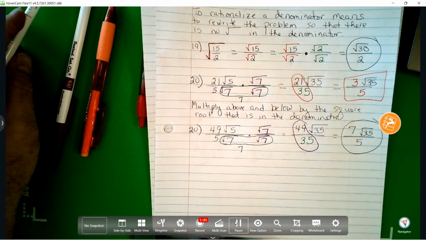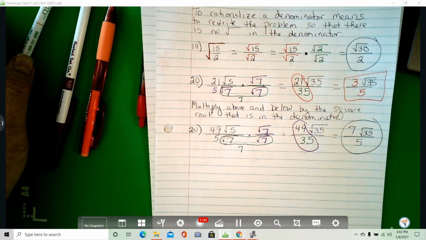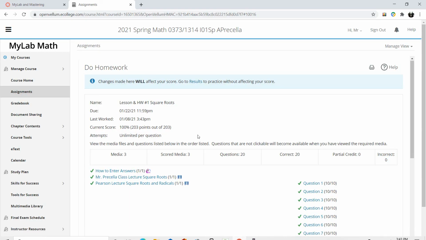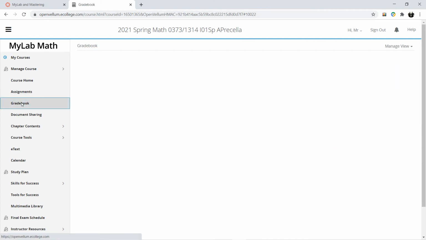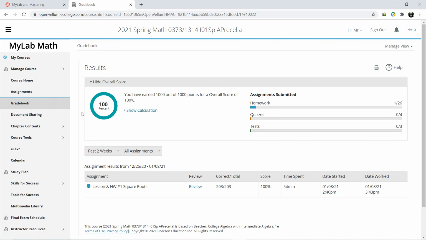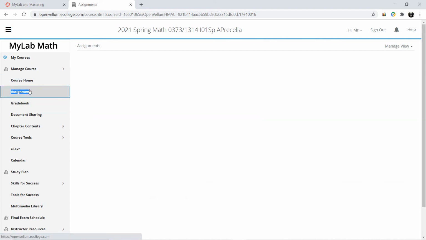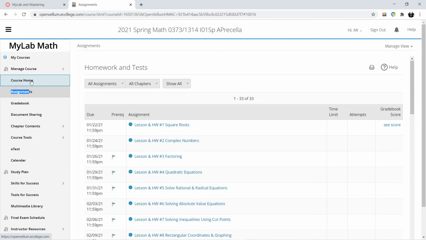And let me look back over here. There's the homework. If I look in grade book at this point, I have 100 on my first homework assignment. Spent 54 minutes doing it. Then, back home.